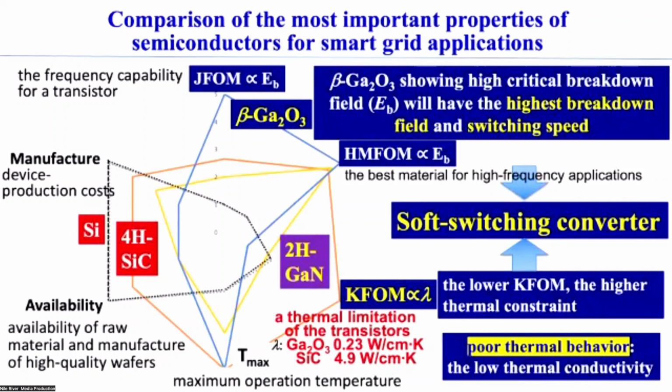However, beta-type gallium oxide has issues to be resolved. That is the poor thermal properties.